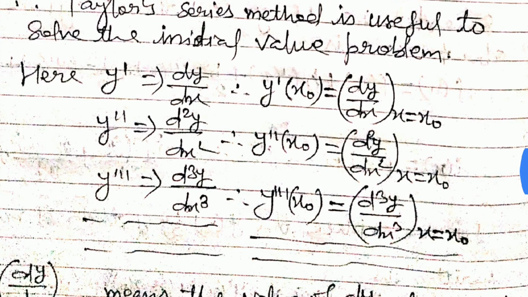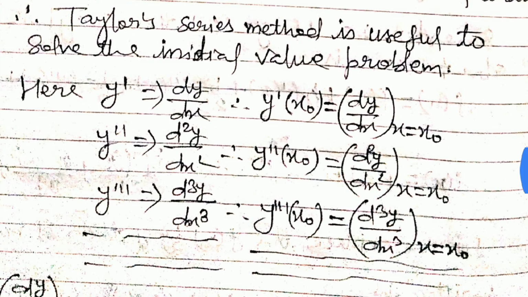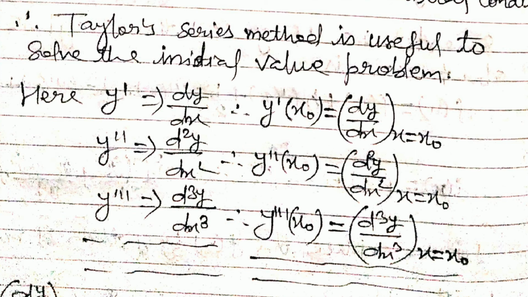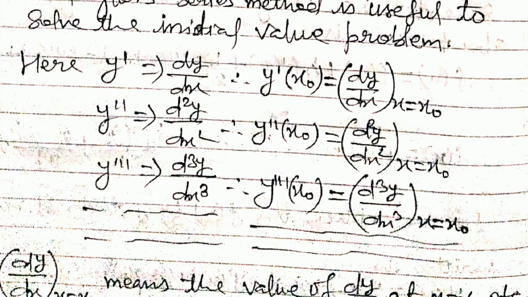So here are the traditional meanings: y prime is dy by dx, y double prime is the second derivative, y triple prime is the third derivative, and so on. So y prime at x naught is equal to the first derivative at x is equal to x naught. y double prime at x naught means the second derivative at x is equal to x naught, and so on.